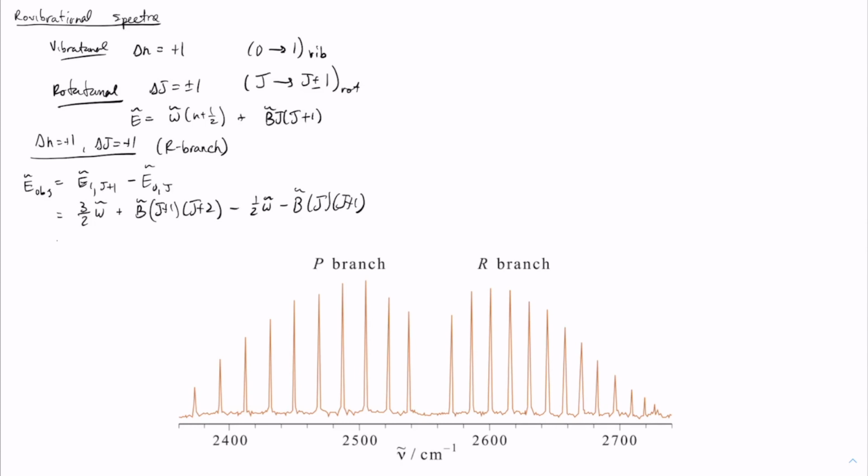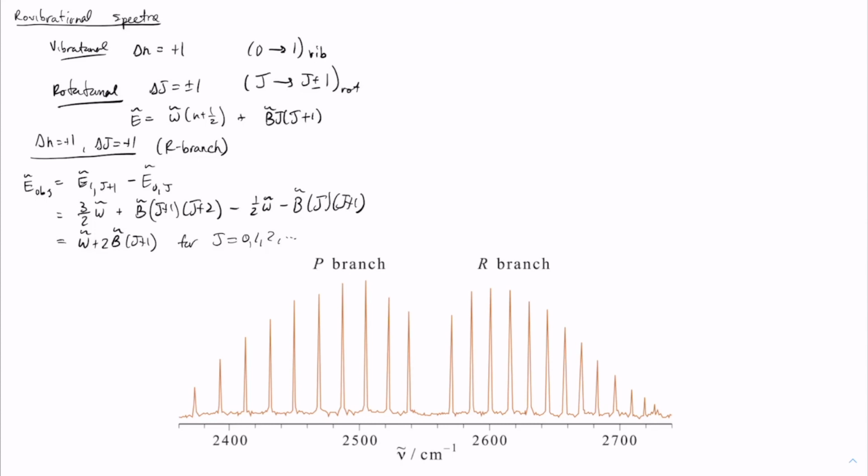Okay, so if we simplify this together, what we get is omega tilde plus B tilde, and now we look at these two terms, so they both have a j plus 1, so we can factor this part out. And then what you have left is j plus 2 minus j. Okay, so this whole thing just turns into omega tilde plus 2B tilde times j plus 1. And this will be for j equals 0, 1, 2, and so on.